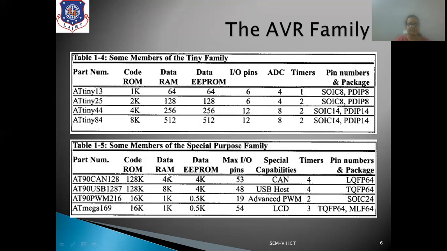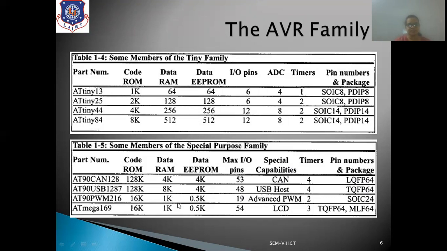Again different parameters have been considered for comparison. For the CAN bus, ROM is 128K, data RAM 4K, EEPROM 4K, and IO pins 53. Then apart from ADC, the special capability is CAN, timers are 4 and it is a 64-pin IC. Then for USB host, 128, 8, 4, 48, then 4, and it is again a 64-pin IC.